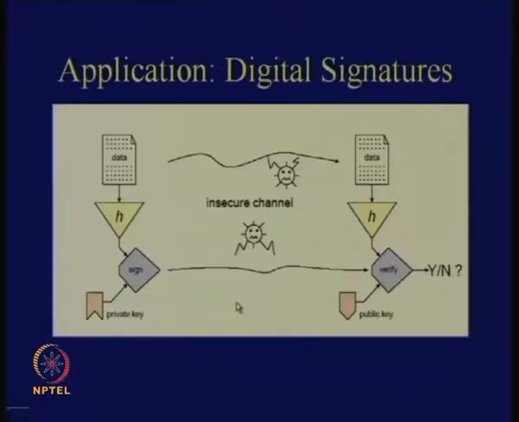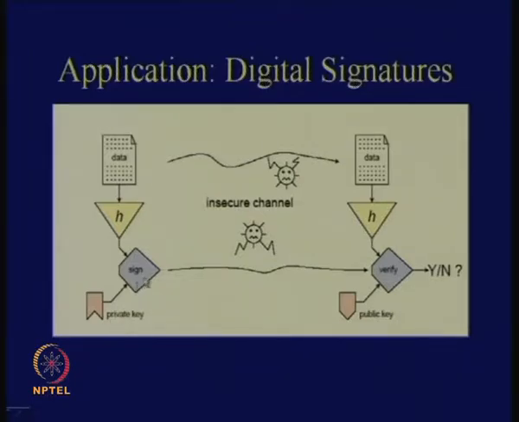Okay, so this is an example of a digital signature. I think all of us know what a signature is, and also, to some respect, what a digital signature is. So there is some data which I would like to send over the insecure channel, but at the same time I would like to also sign this piece of data. So what I do, I apply this hash function h, but at the same time I sign my data using my private key.